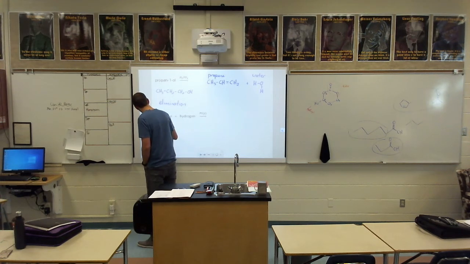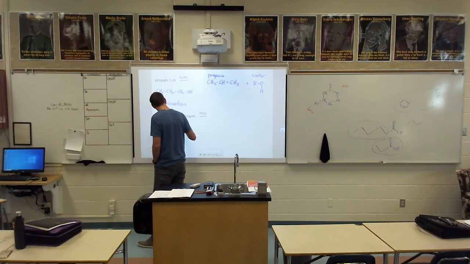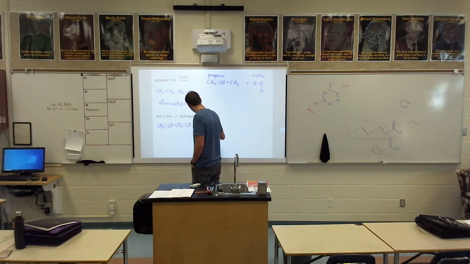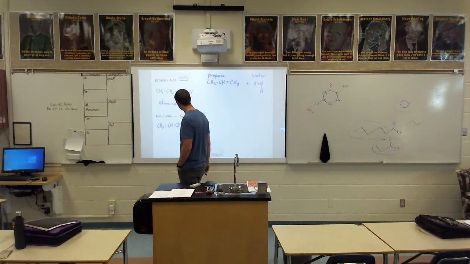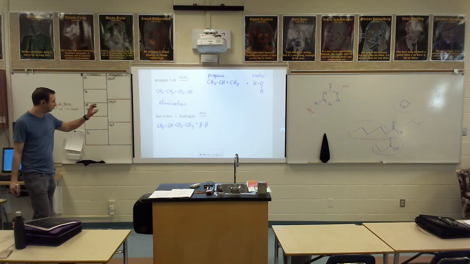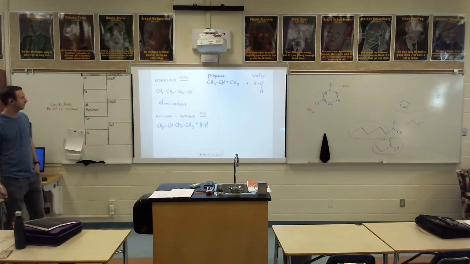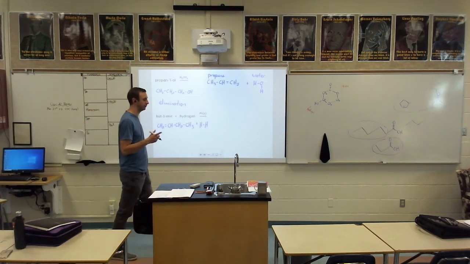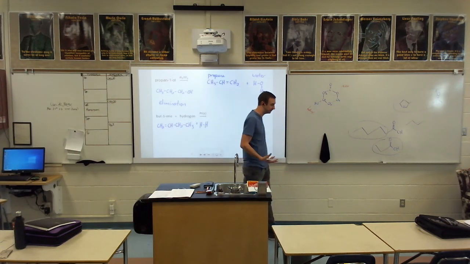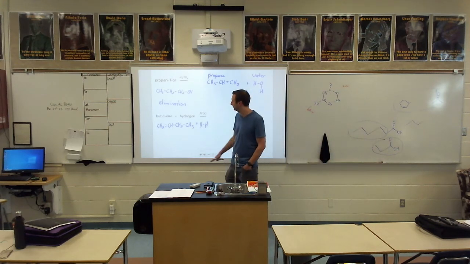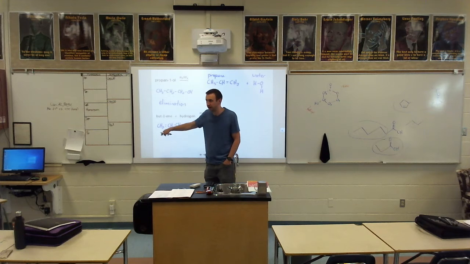Okay, next one, I've got butene and hydrogen. So I'm adding hydrogen to the butene. Platinum or palladium are typically catalysts for hydrogenation, but this is just an addition. All I'm doing is adding H2 to these two carbons that were double bonded.